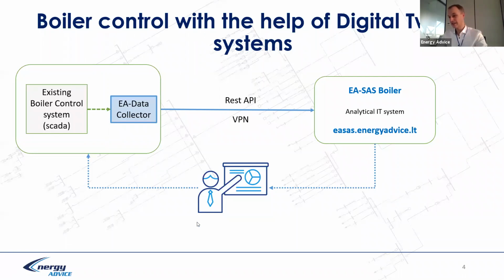In fact, finally, we can avoid human interaction here, and we can run this loop automatically without intervention of operator, and operator just does monitoring of how the boiler is in operation. However, optimization process is run in a fully automated way.